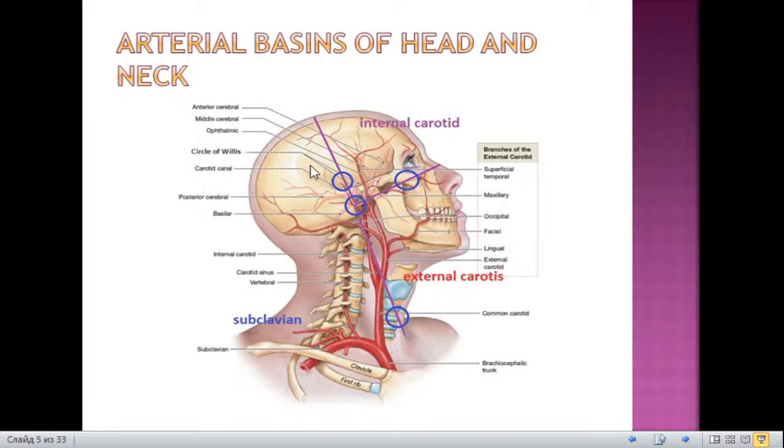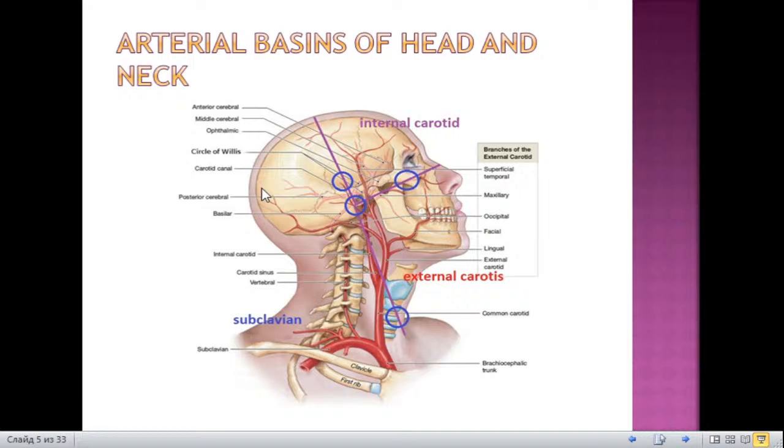After that, around the level of the ear, the basin of the internal carotid artery borders with the basin of the subclavian artery. And in this place, we have anastomosis between these two arteries.